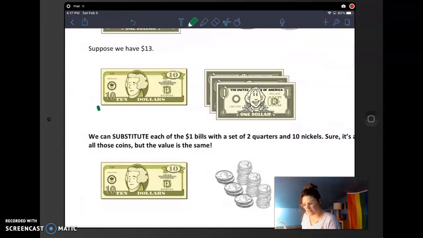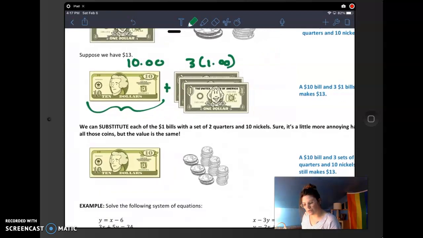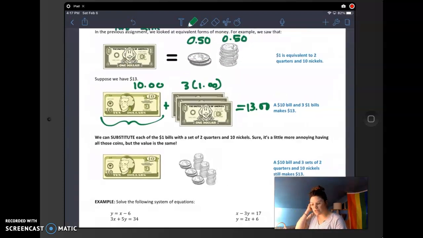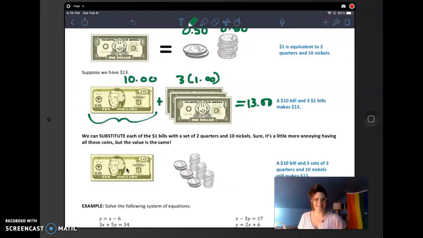That's $1. All right, so let's say we have $13. We have a $10 bill plus 3 $1 bills. All right, so that's equal to $13. What we could do, just like we did in the previous lesson, is take each one of these dollar bills and replace it with 2 stacks of coins.